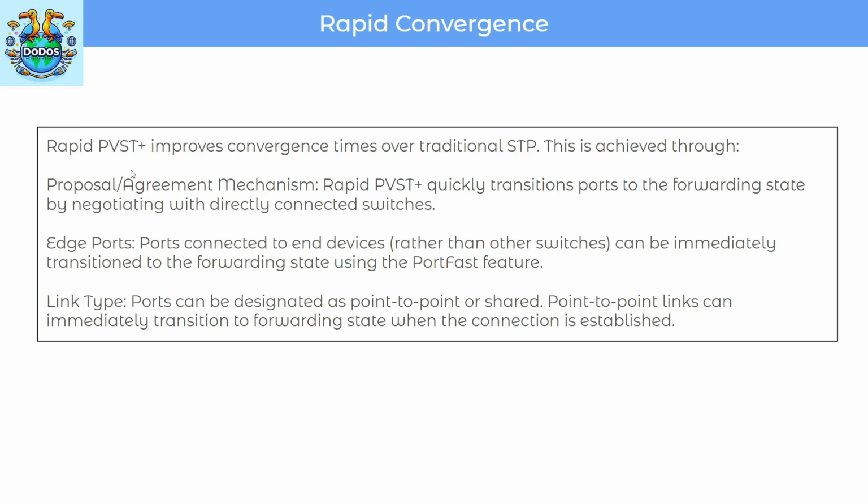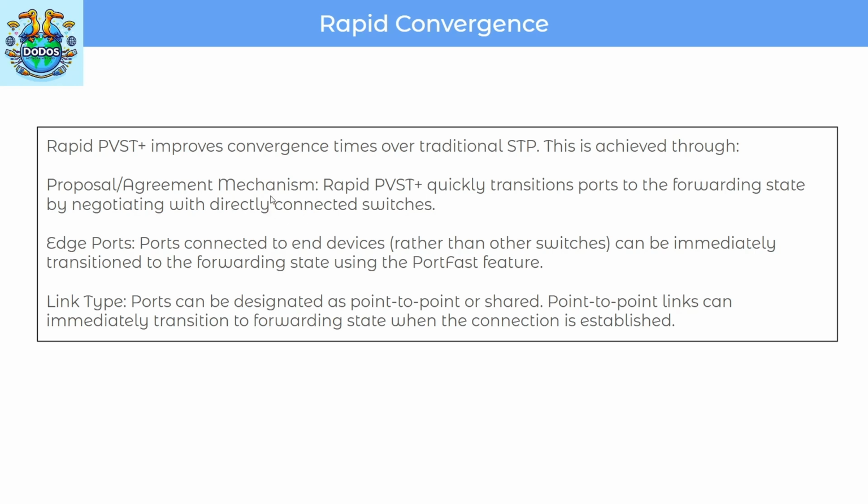Rapid convergence. Rapid PVST+ improves convergence time over traditional STP. This is achieved through a proposal and agreement mechanism, where it quickly transitions ports to the forwarding state by negotiating with directly connected switches.